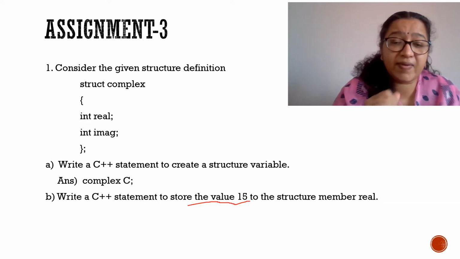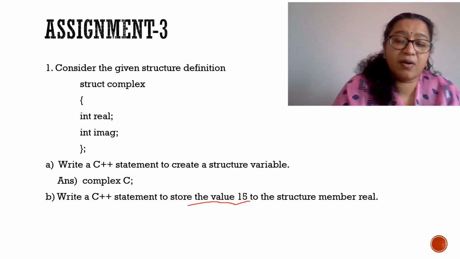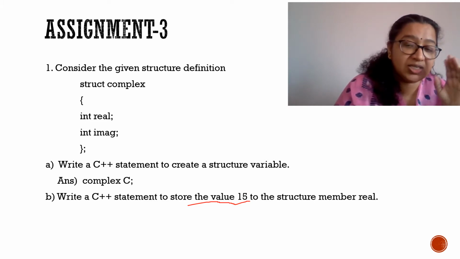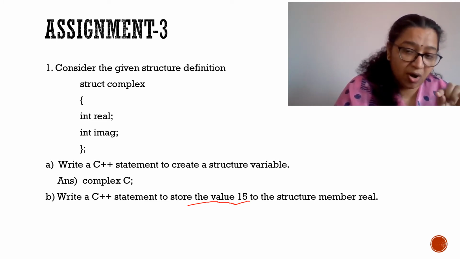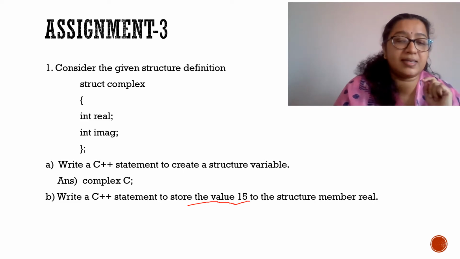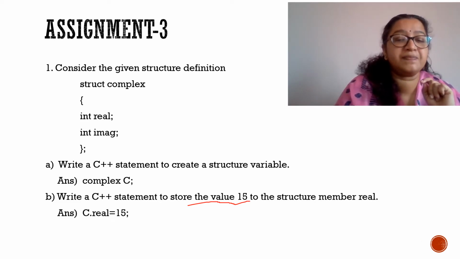Okay, so how can we write that? How can we assign? The syntax for assigning is structure variable dot element equal to value. Assign operator is equal to. So use the assign operator and assign it. So what is the answer here? See, c is the variable given.